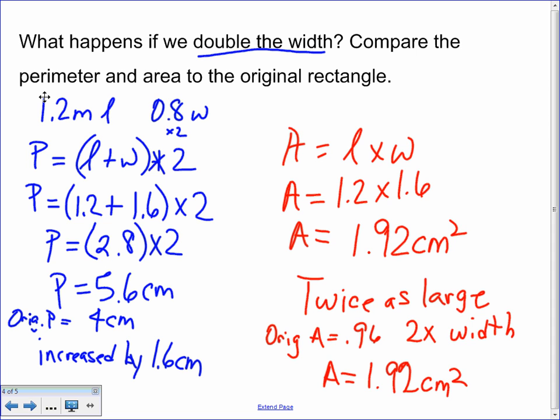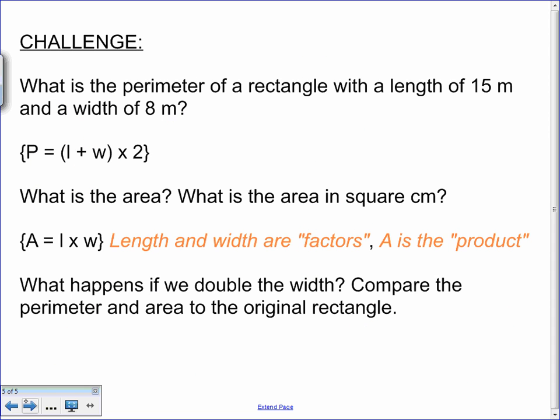So to finish off the comparisons, I'm going to give you one to try at home. Here's your challenge. In your notebook, find the perimeter of a rectangle with a length of 15 meters and a width of 8 meters. Remember, the perimeter formula is length plus width times 2. Then I'm going to ask you, what is the area? Again, remember, area is length times width.